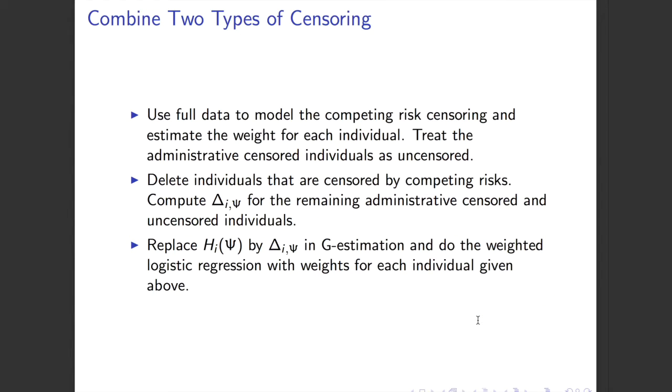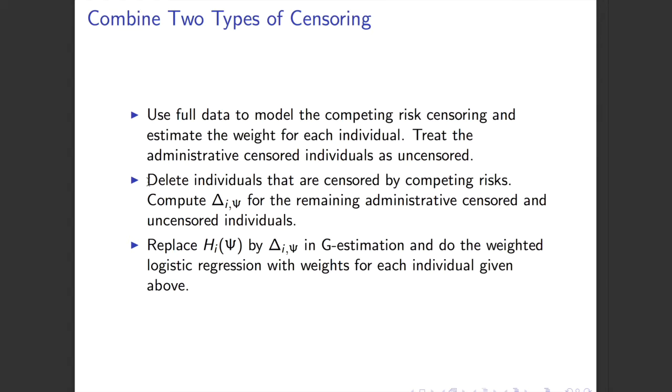So to sum up how we actually perform this G estimation under censoring. First, we use all our data to model the competing risk censoring to estimate the weight for each individual. In this step, we treat the administratively censored individuals as uncensored.